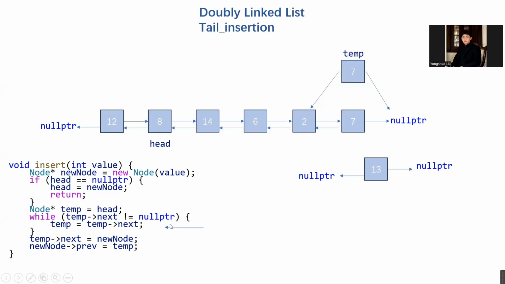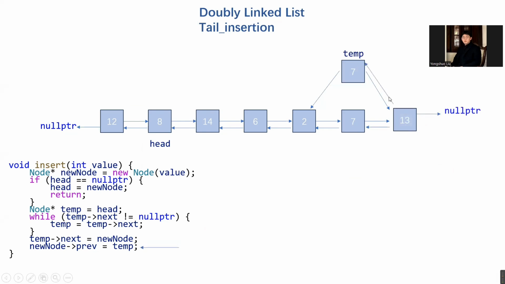That's why we will jump to this line, and temp's next will become the new node, this one. And the new node's previous will become temp also, right? So that's the whole process.